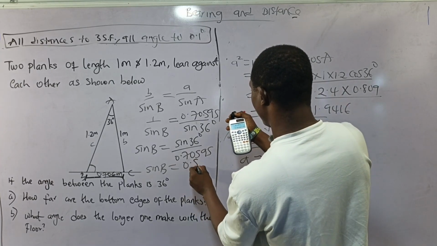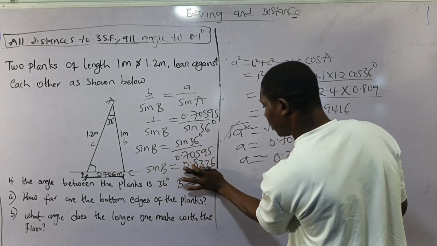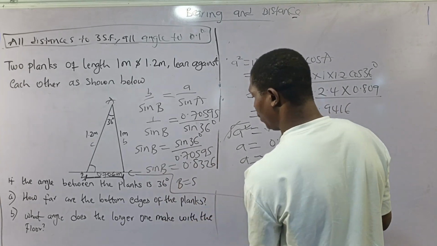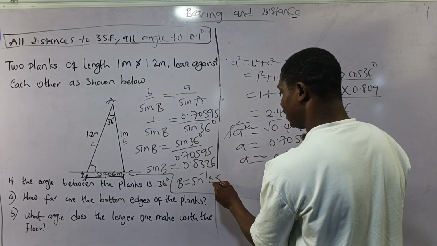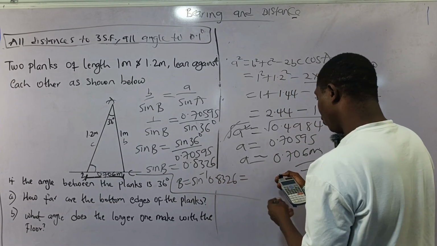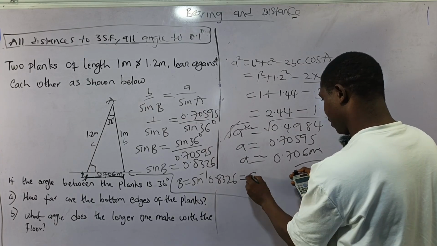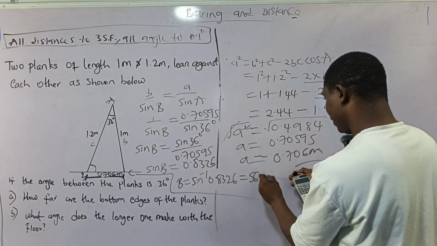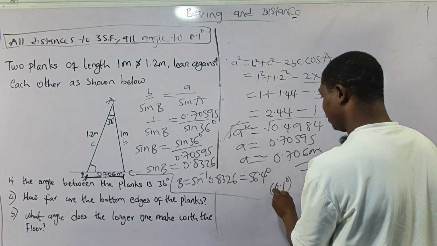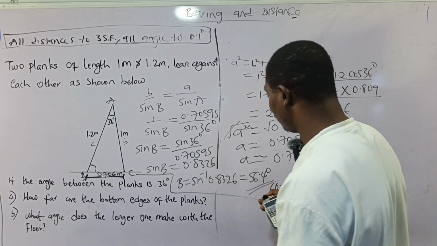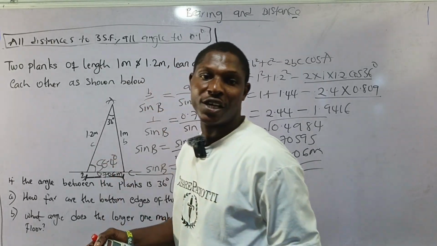This will give me 0.8326, and B will be equal to shift sine of 0.8326, which will be equal to 56.4 degrees to 0.1 degree. So this is my answer, 56.4 degrees. Thank you.